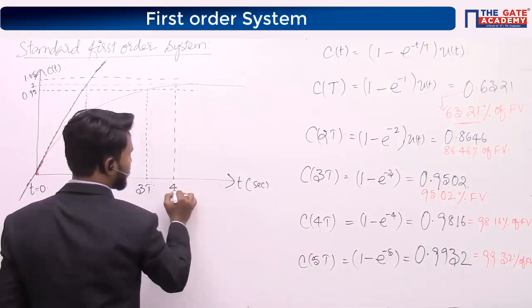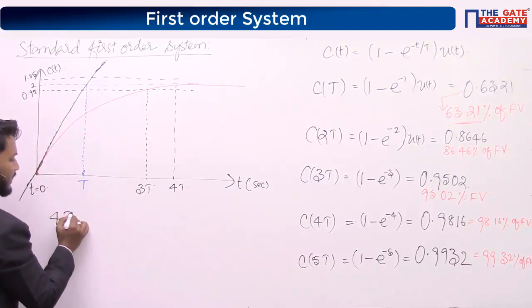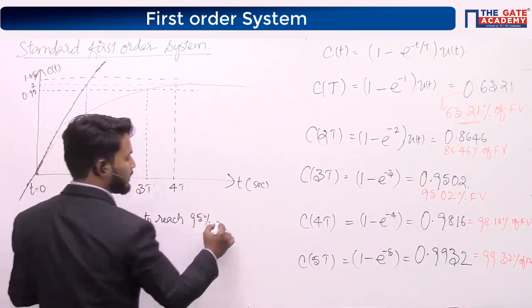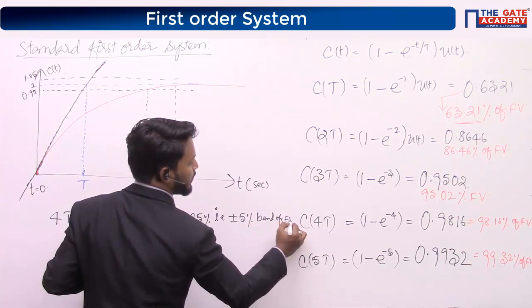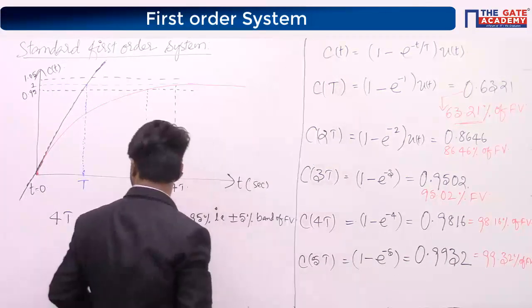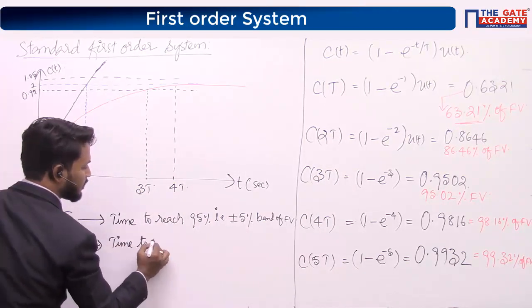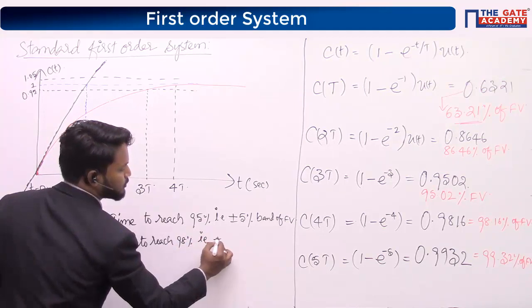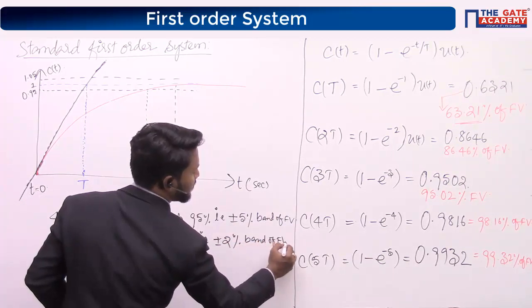Reply yes or no. 4 times the time constant is the time required for the response to reach 98%, that is the plus or minus 2% band of final value.